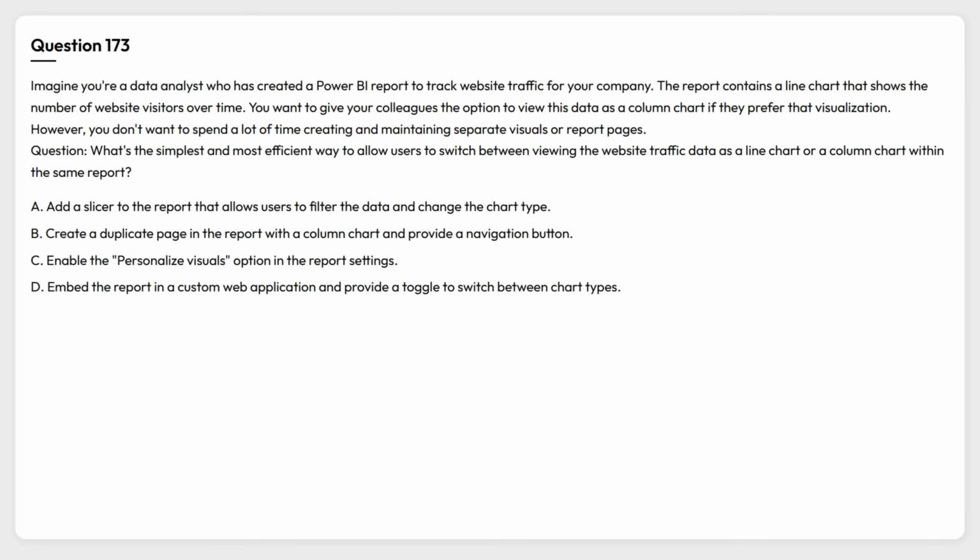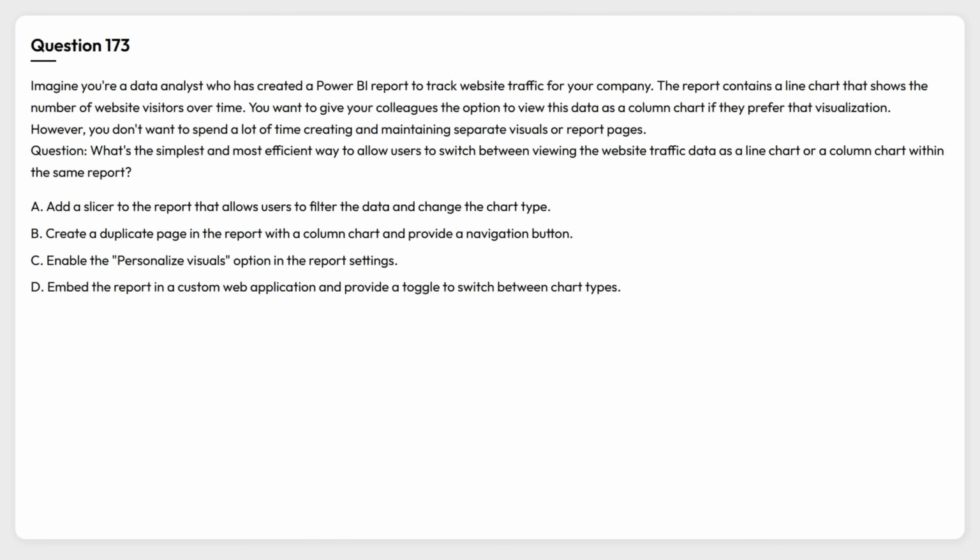173. Imagine you are a data analyst who has created a Power BI report to track website traffic for your company. The report contains a line chart that shows the number of website visitors over time. You want to give your colleagues the option to view this data as a column chart if they prefer that visualization.